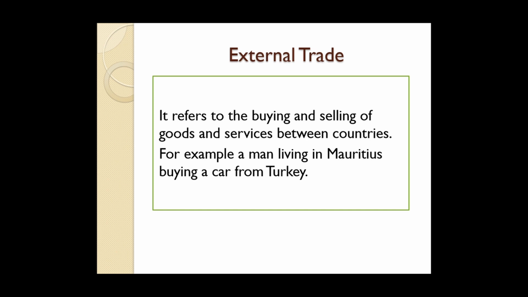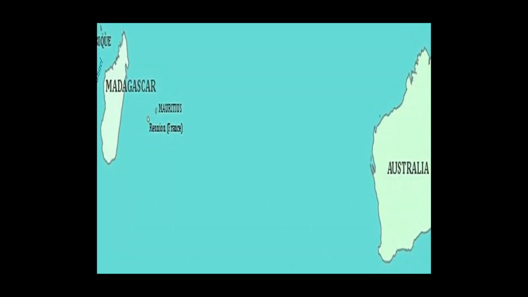To better understand external trade, let's look at this example. Here you have two big countries, Madagascar and Australia. In Madagascar you have a buyer, and in Australia you have a bicycle shop. The buyer wants to buy a bicycle from the bicycle shop which is found in Australia.